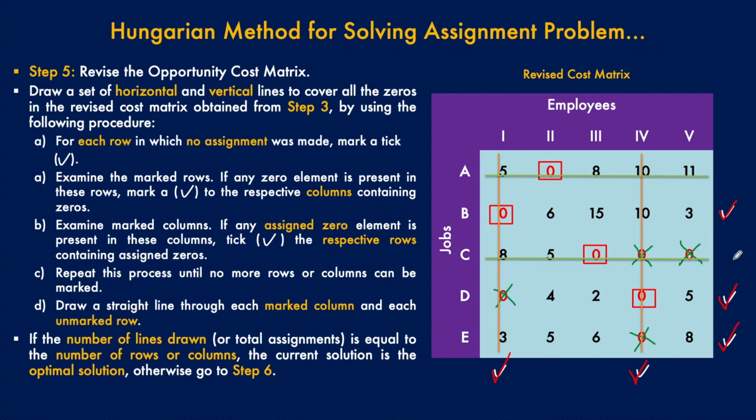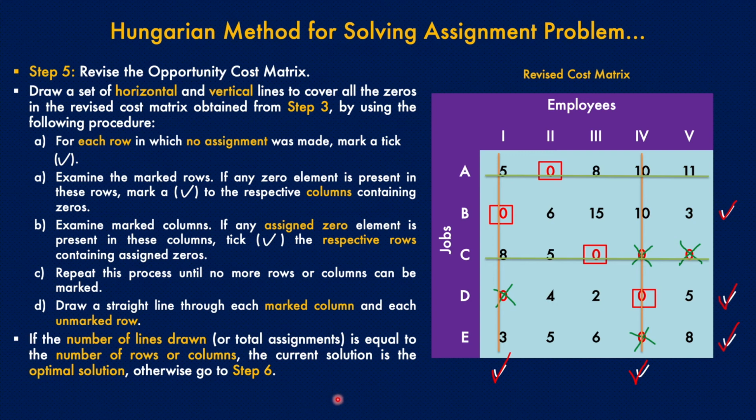That is, you have not chosen this row, you draw this line here and one line here. So this is the procedure for drawing the horizontal and vertical lines. After that, you just count the number of vertical and horizontal lines. Now we have only 1, 2, 3, 4. If the number of lines drawn is equal to the number of rows or columns, then the current solution will be the optimal solution.